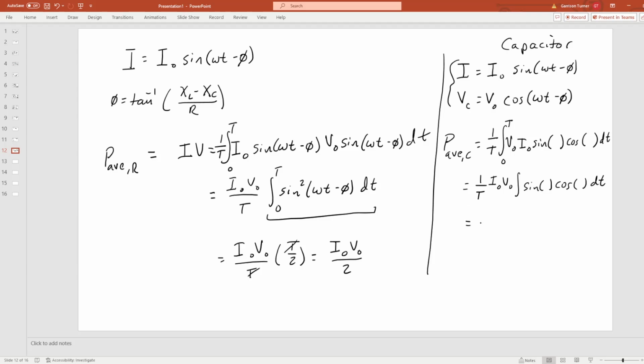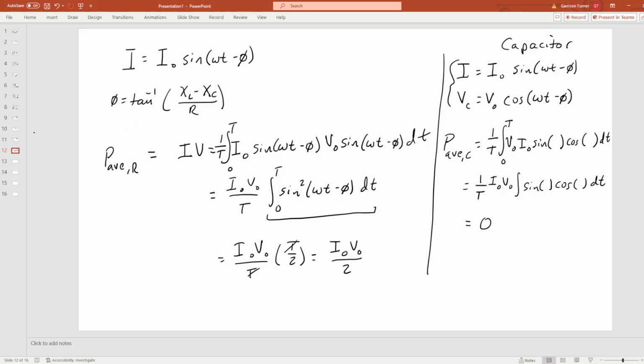This calculation is 0. And therefore, there is no average power delivered to the capacitor. What this means is that sometimes the capacitor is absorbing power and sometimes the capacitor is delivering power.